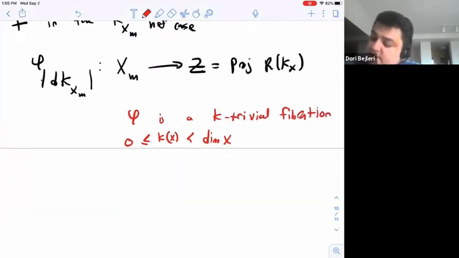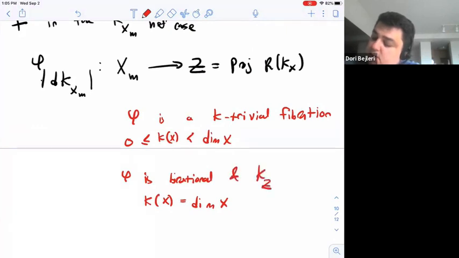And in the general type case, we expect that phi is birational and the canonical divisor of Z is ample, in which case we'll call Z the canonical model.